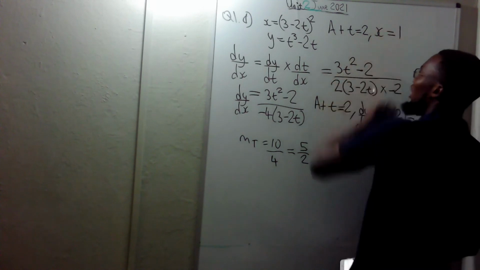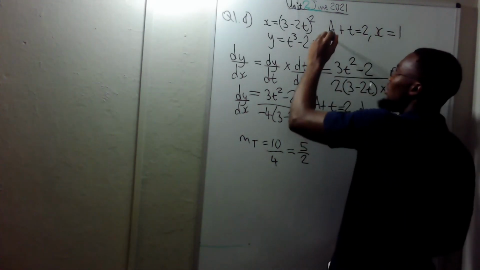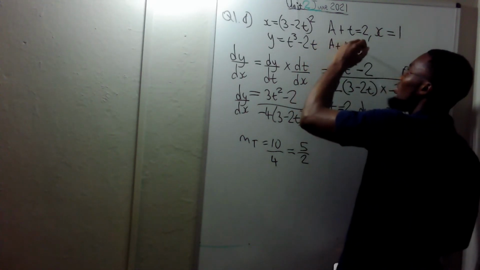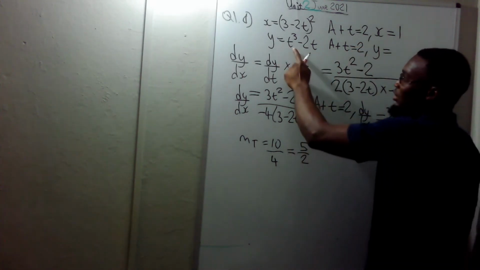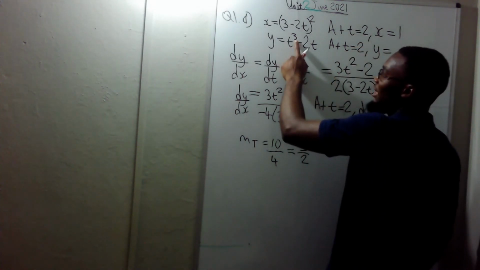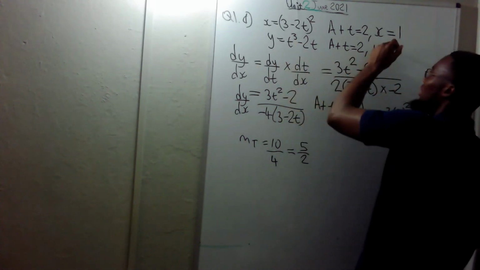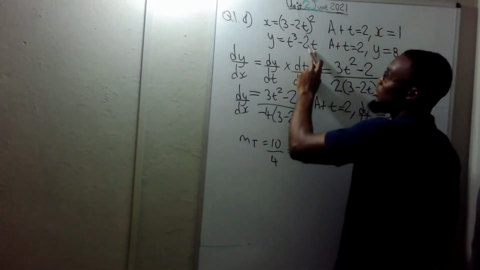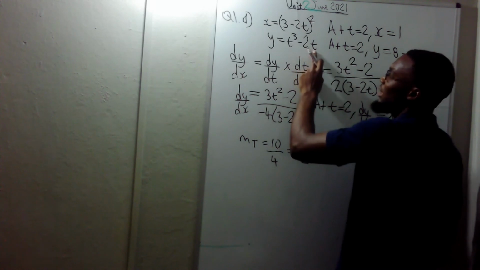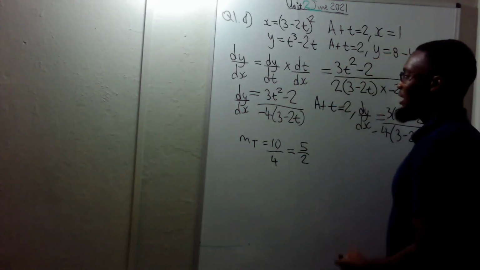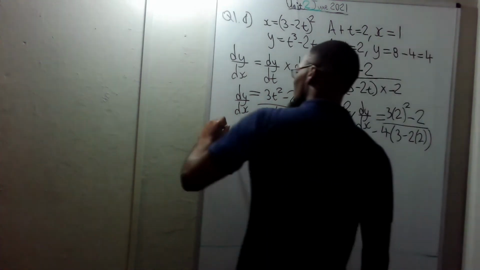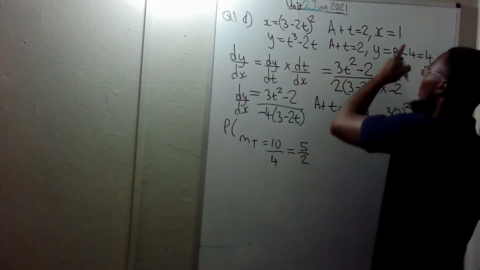Negative 1 squared is 1. At t equal 2, the y value is going to be 2 cubed is 8 minus 2 times 2 is 4. So y is 4. So that means that at t equal 2, the point is 1, 4.